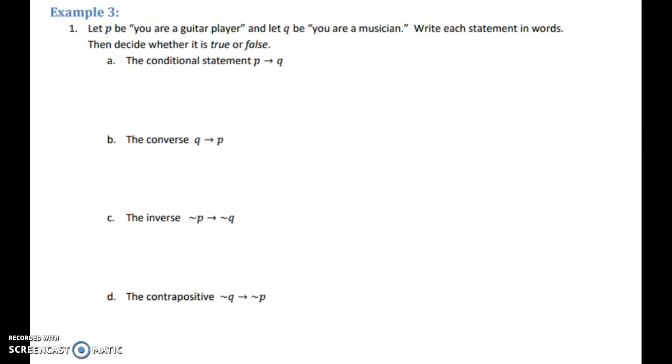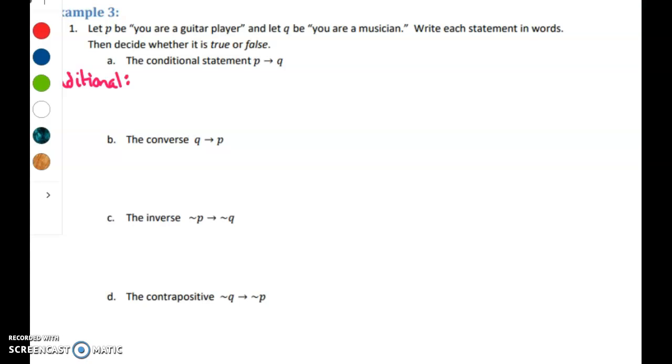Example 1 says, let P be, you are a guitar player, and let Q be, you are a musician. Write each statement in words and decide whether it is true or false. How I wrote it in my notebook is I wrote conditional, and then I color-coded.